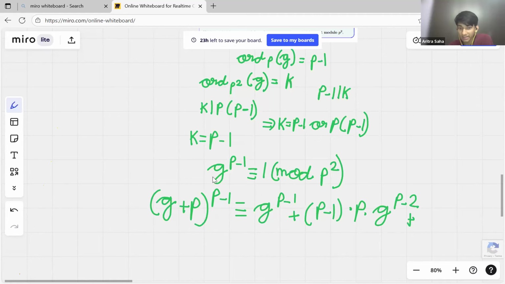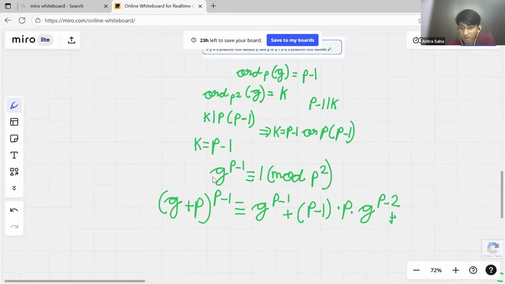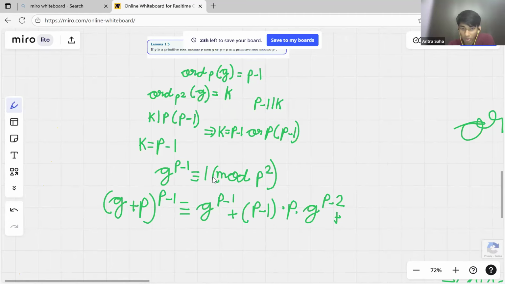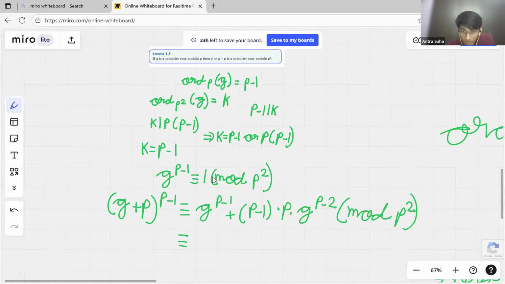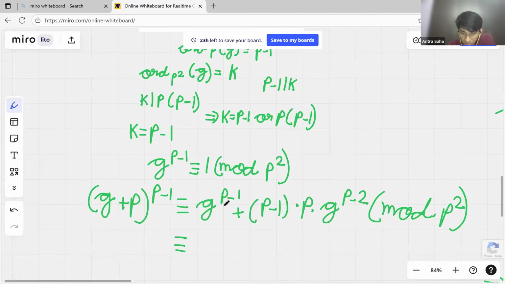Because here is a p, and all the next terms there will be p square, p cube, and under modulo p square, all of them will be 0. So we will not have to write those things. So we have this relation mod p square. And we note that g to the power p minus 1 is 1 mod p square, and this is also 1 mod p square, for the sake of contradiction.